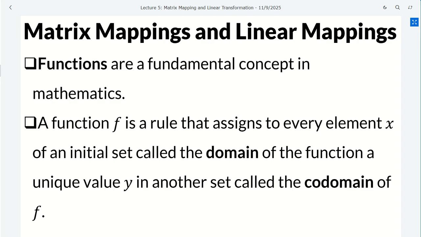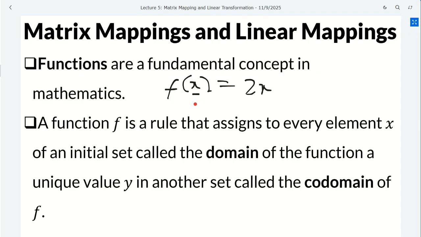Functions are a fundamental concept in mathematics. For example, I can have a function f of x, and I define what this function is supposed to do, which is 2x.